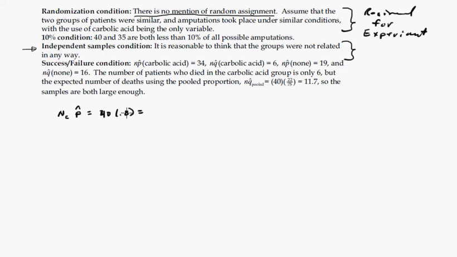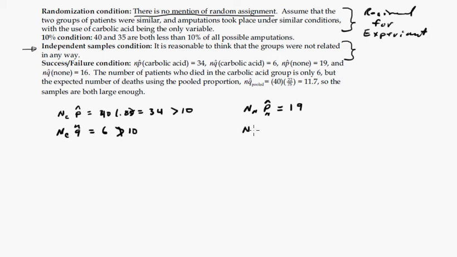So we already know that that's 34. So we also know that n_C times q-hat is 6. Okay, so this is greater than 10, but this 6 is not greater than 10. So we have a bit of a problem. And if we do n_N times p-hat N, we already know that that's 19. So 19 out of 35.